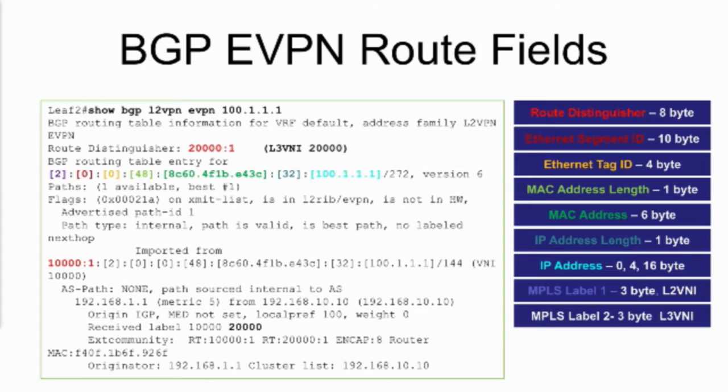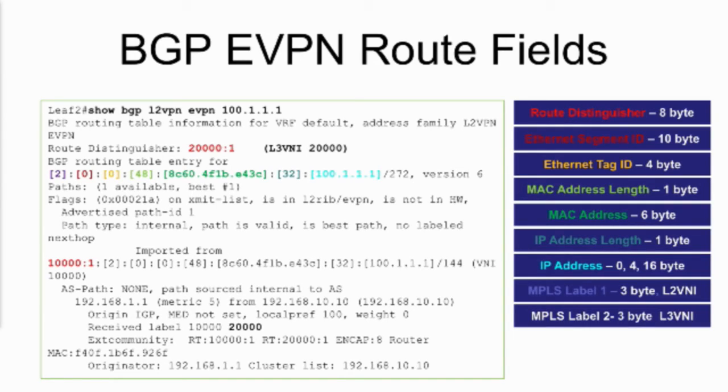Now, how does the layer 3 VNI information look like? You have a prefix 100.1.1.1, which is assigned to a particular end host of the VTEP. And on the remote side, you will notice you have the route distinguisher, layer 3 VNI, similar fields, but now you also have the IP address length and IP address populated in that prefix itself. And obviously, the size of the prefix will increase because of the information carried.